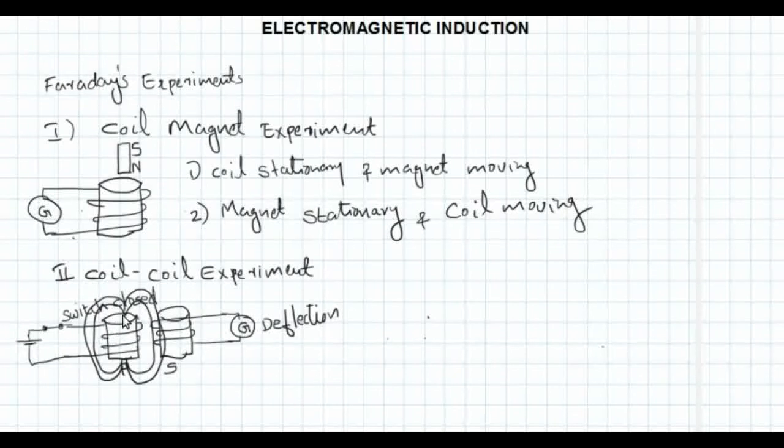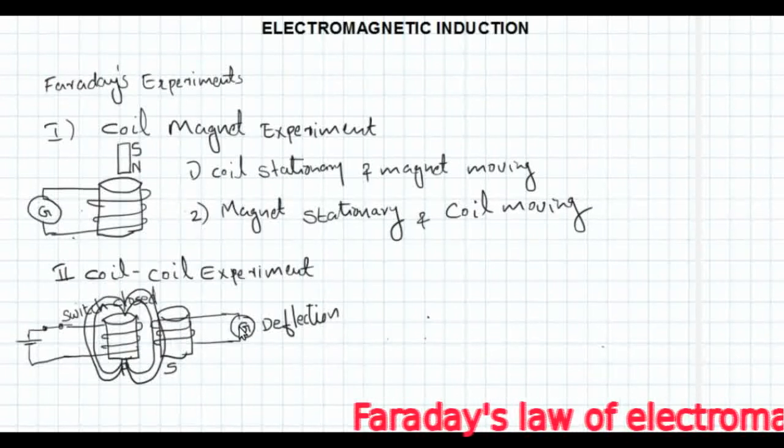By that time, this magnetic flux will also gradually grow. That means the number of field lines coming in contact with the secondary gradually grows, or the flux changes. The flux linked with this secondary changes, which produces an induced EMF, which in turn produces a current, and there is a deflection in the galvanometer.